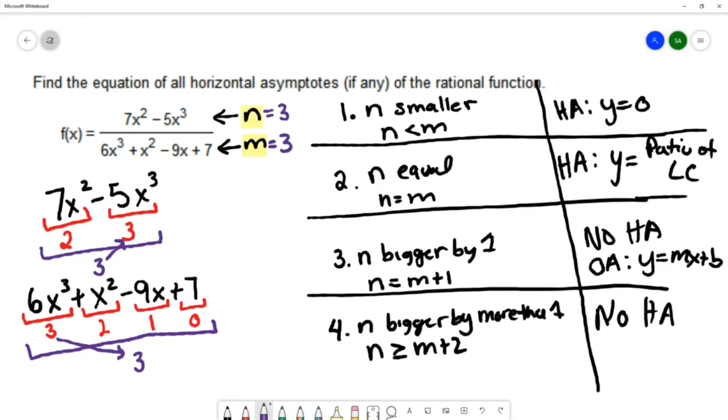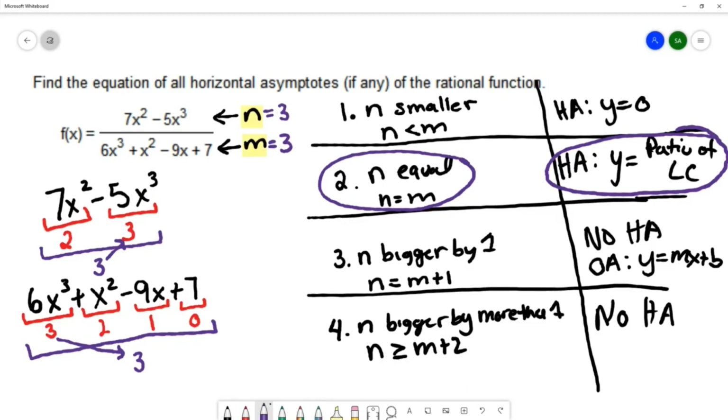And now when we compare the degree of the numerator to the degree of the denominator, we can see that the two degrees are equal to each other. And now that we know that we're in the second case, we're going to be able to find the horizontal asymptote by using the ratio of the leading coefficients.